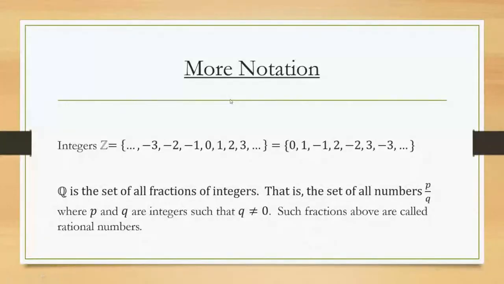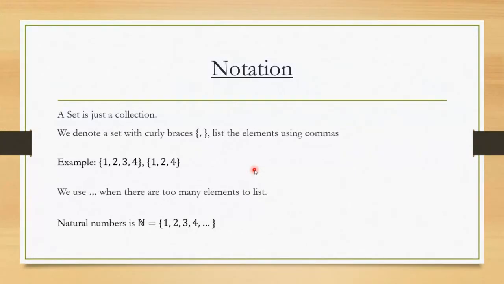Okay, so this is what we got up to last time. Last time, if you remember, we got up to the set of integers. With the set of integers, basically what we did, we had the set of natural numbers, which are the positive integers.